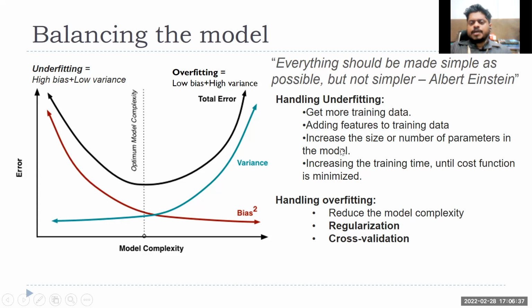Increase the size and number of parameters in the model, which means adding more independent variables. Increase the training time until the cost function is minimized. So this is what I talked about.